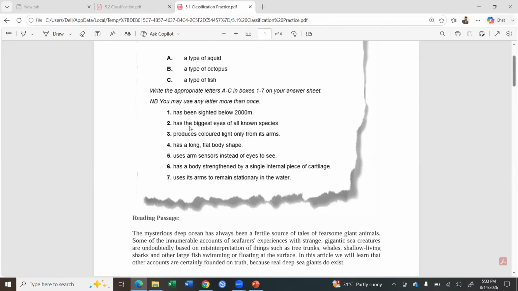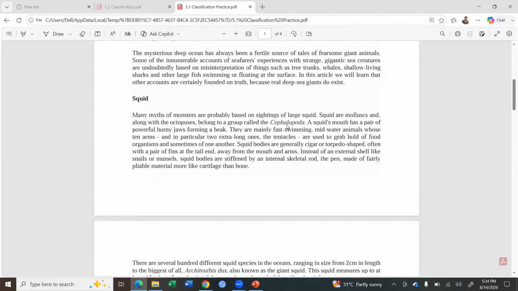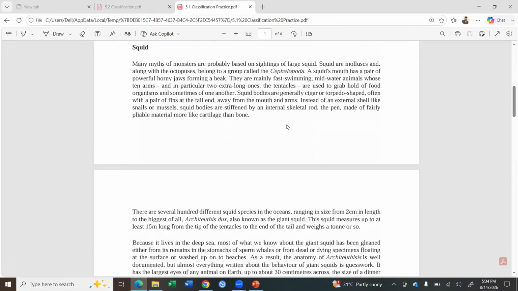For example, in question number 2, biggest eyes, all known species. Both of them are keywords, right? Biggest eyes and all known species. So we will be looking for something which has the biggest eyes of all known species. Is it clear? So let's skim and scan to see if we can find the biggest eyed animal.